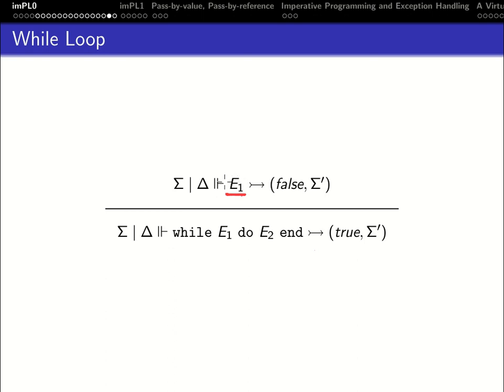So when we execute E1, we go from sigma to sigma prime. This while loop will never execute. We evaluate E1 is false, and we jump right to the end. So what are we going to get at the end? Whatever sigma we had at the end of E1, which is sigma prime, as it is here. So that's case 1, when the condition is false.